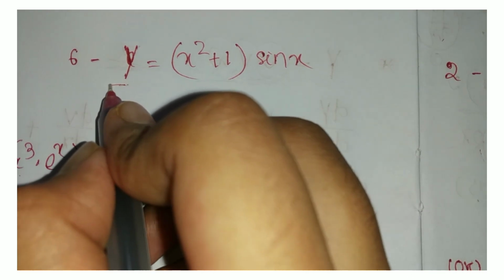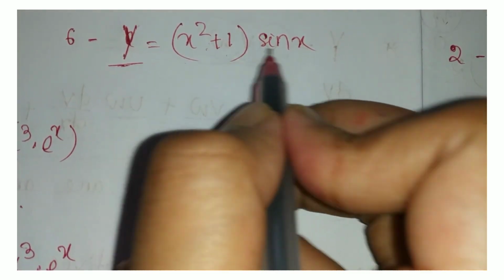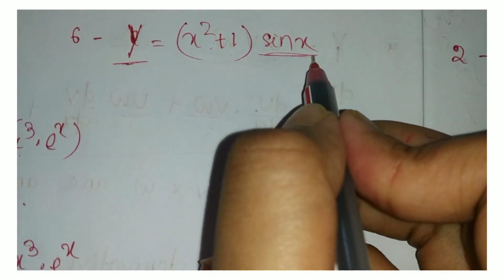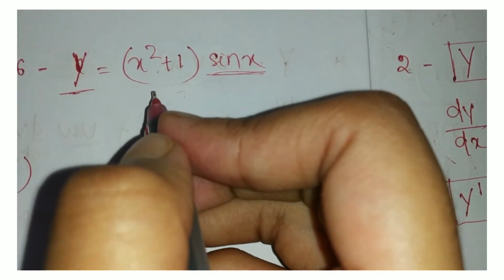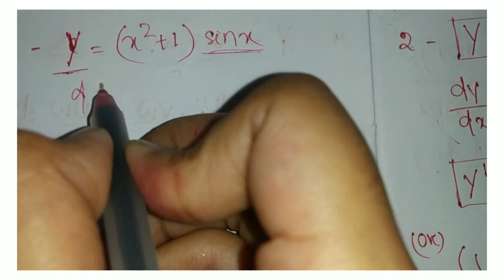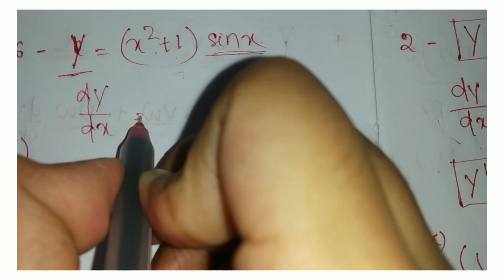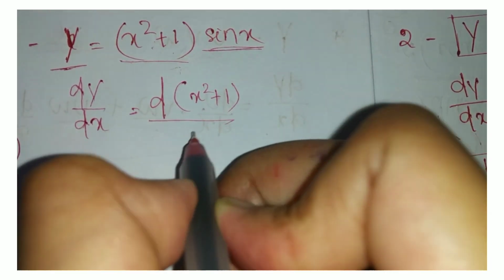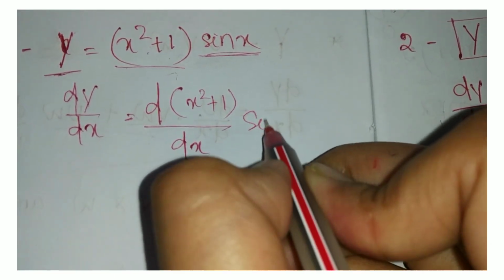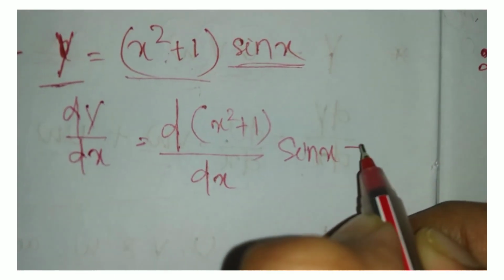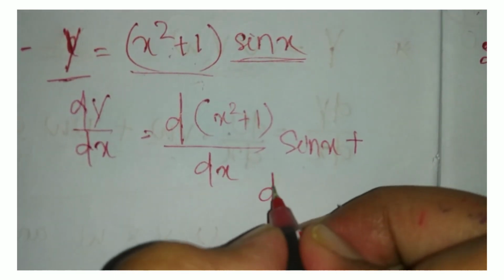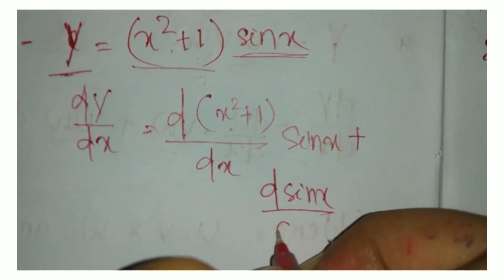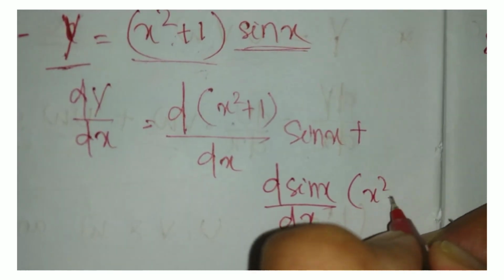Here y is equal to x square plus 1 into sin x, and dy by dx is equal to the derivative of x square plus 1 into sin x, plus the derivative of sin x into x square plus 1.